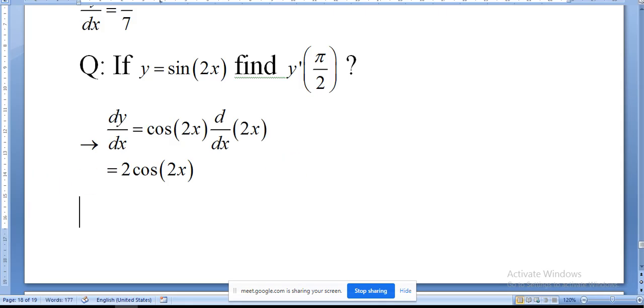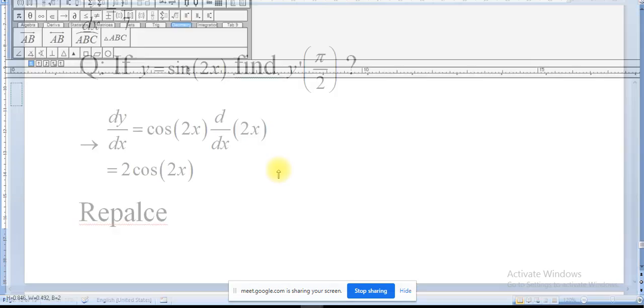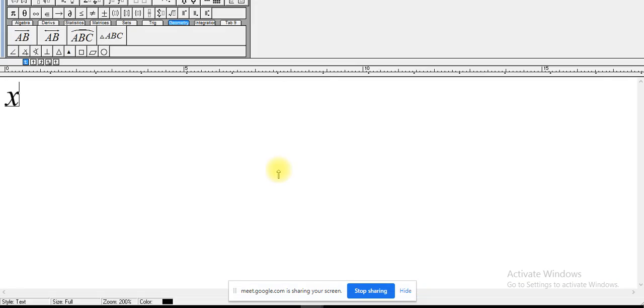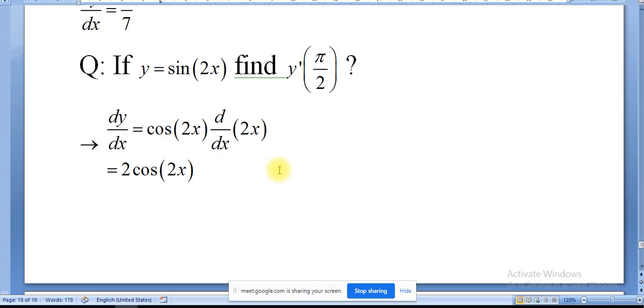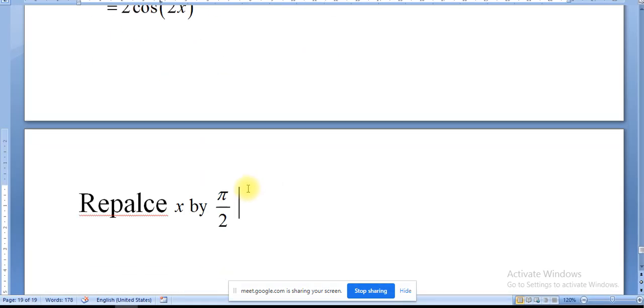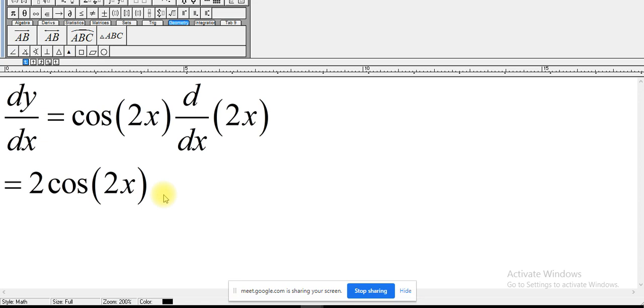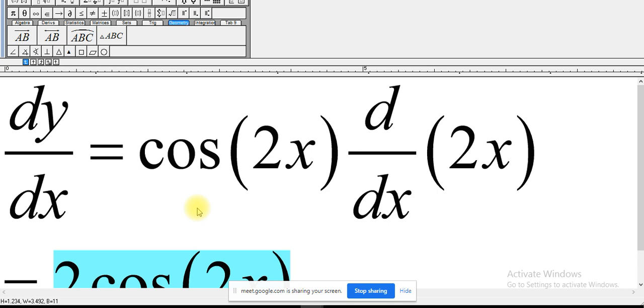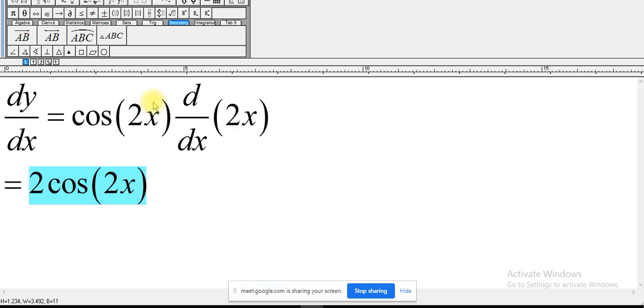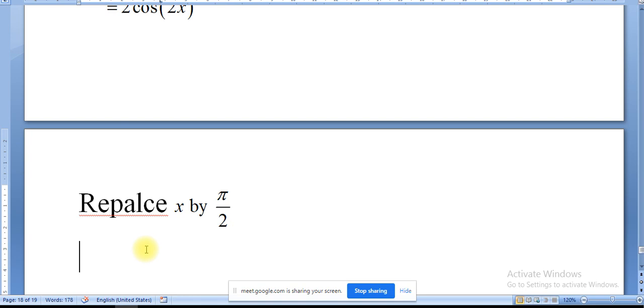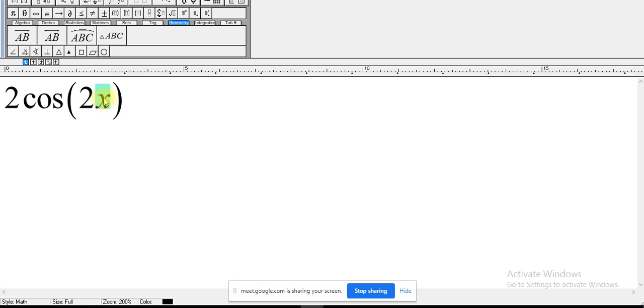Now replace x by pi by 2. So what we get here is 2 cos 2x is the term. So I am replacing this by pi by 2.